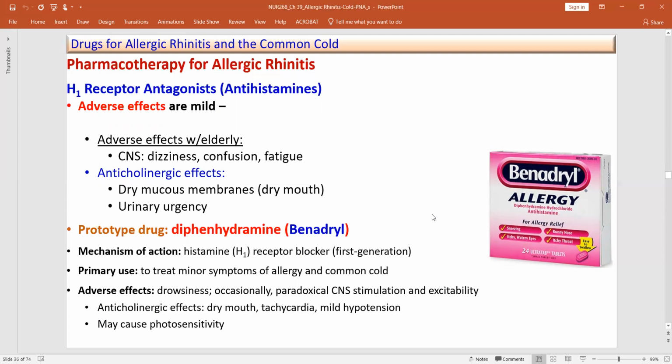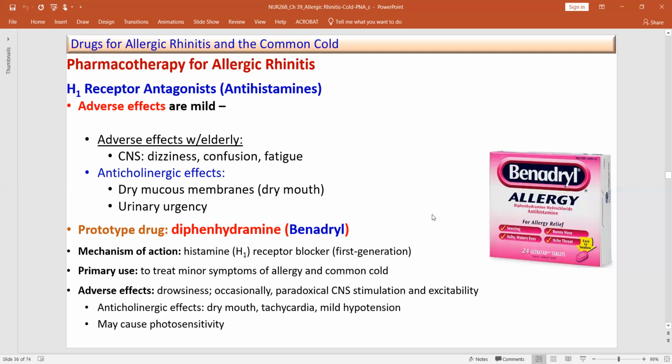The adverse effects with the elderly: CNS effects, dizziness, confusion, fatigue, and the anticholinergic effects, dry mouth due to dry mucous membranes, urinary urgency, especially for those who have BPH. The prototype drug for this is diphenhydramine, which is Benadryl.